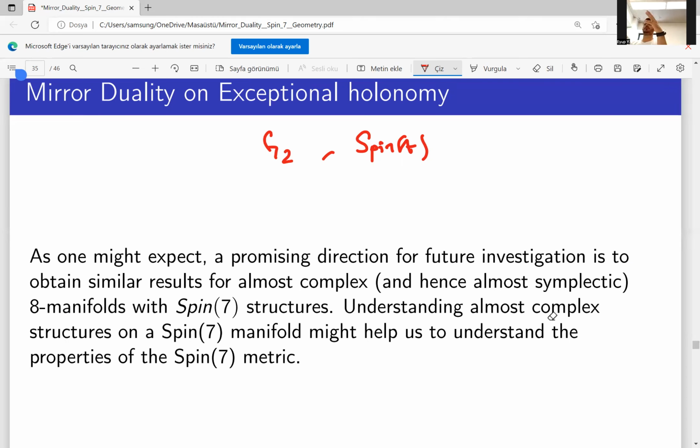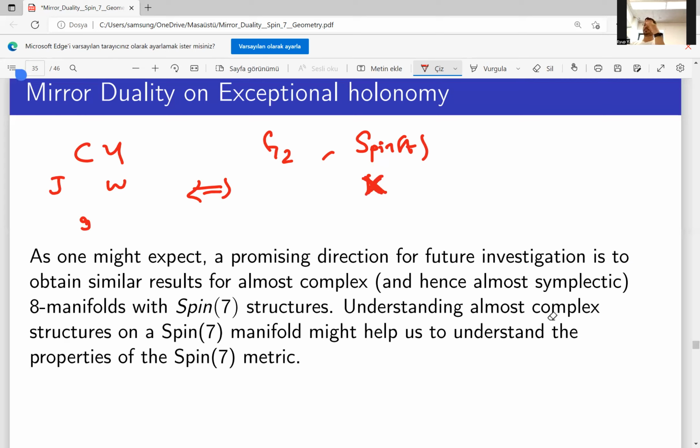We can think about the cross product here. In the Calabi-Yau, we have J, we have the Taylor form, and we have the metric. So how can we shift this information? J can be defined maybe by the Spin(7) structure with a cross product, okay?